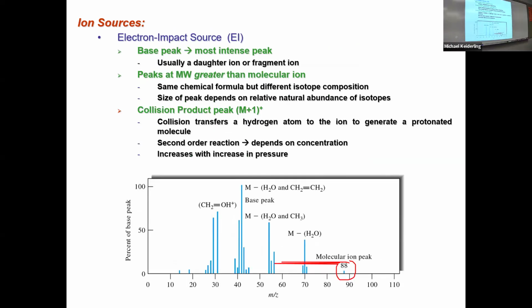So here, for example, the molecular ion peak is very small, while the biggest peak is one of the fragments. The base peak is defined to be the most intense peak, and it's usually a daughter ion or a fragment ion. You do get peaks at molecular weight greater than the molecular ion from stuff recombining, or an M+1 peak, which is a collision product.